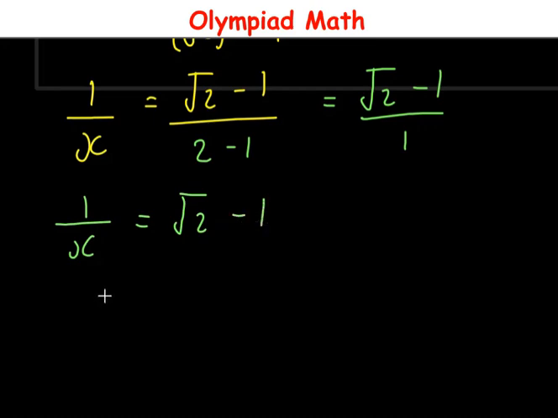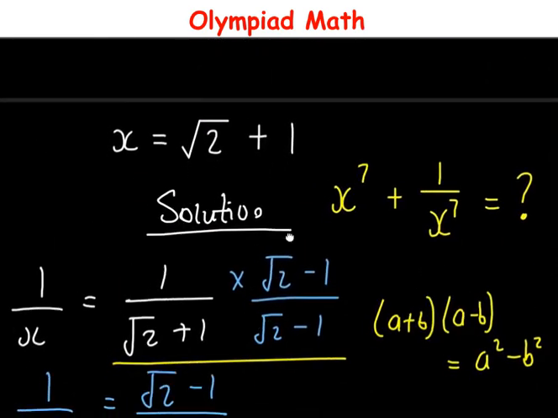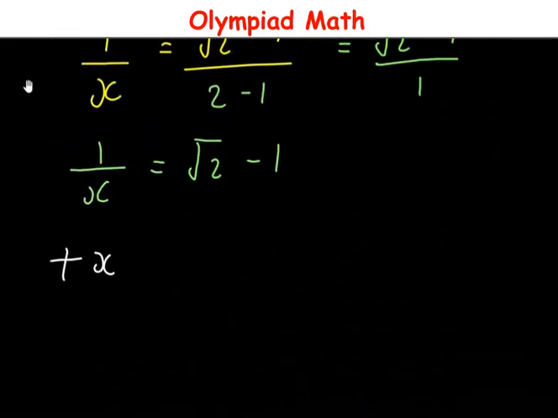At this junction, we are going to add x to this equation, so plus x. Don't forget that the value of x from the given question was given to us as root 2 plus 1. So we're adding x to this equation, so plus root 2 plus 1.